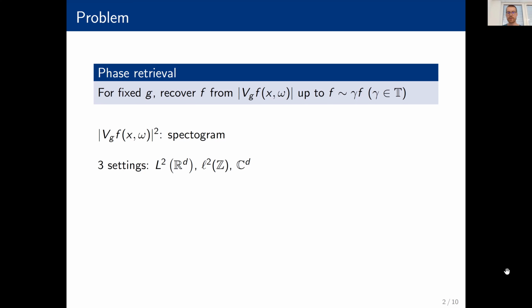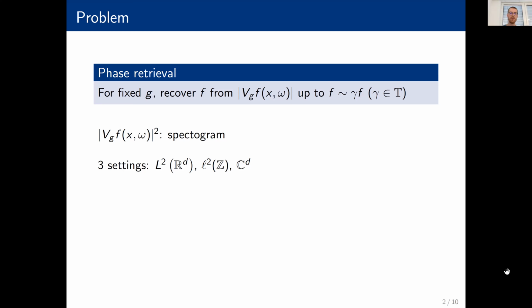Also the first 2 settings, so the L2 of R^d and the little L2 of Z, share a lot of similarities, whereas the finite dimensional setting behaves a lot more pathological. And so today we are only going to look at the first 2 settings, and I won't tell you a lot about the finite dimensional setting, because not only the proofs but also the results are a little more involved. And I'd say the basic things that happen are best visible in the infinite dimensional settings.